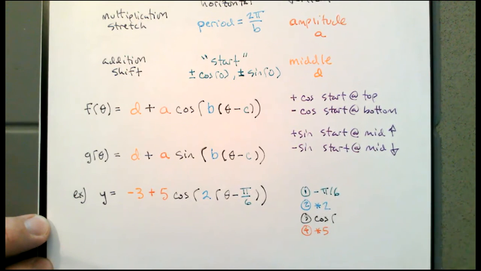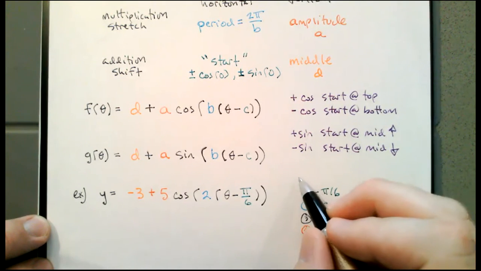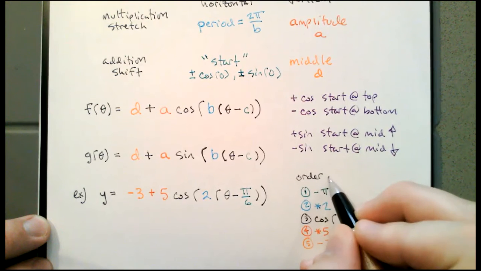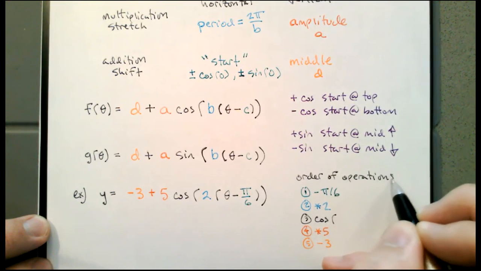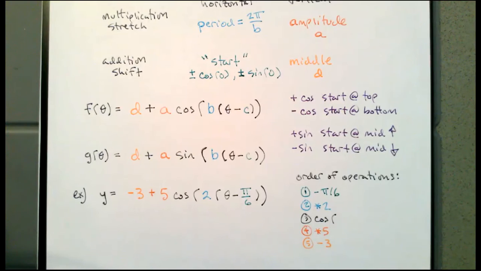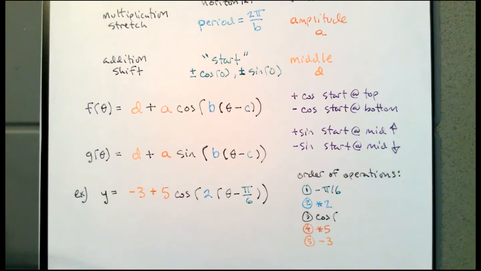And then the last thing that would happen is we subtract 3. So this is the order of operations. This is what happens to the theta.